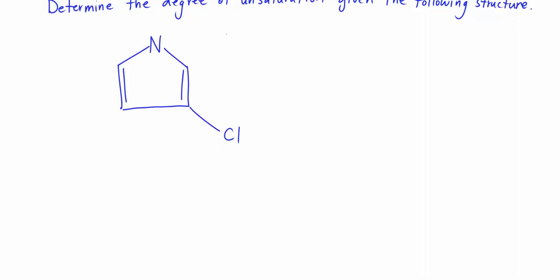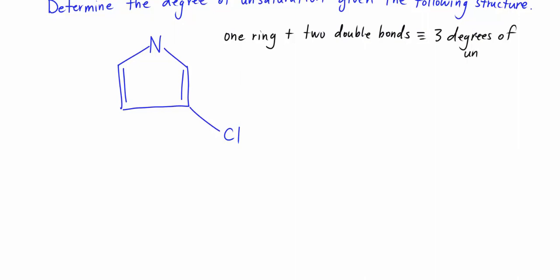We could say 1 ring plus 2 double bonds equals 3 degrees of unsaturation. That's one way we can approach this problem.